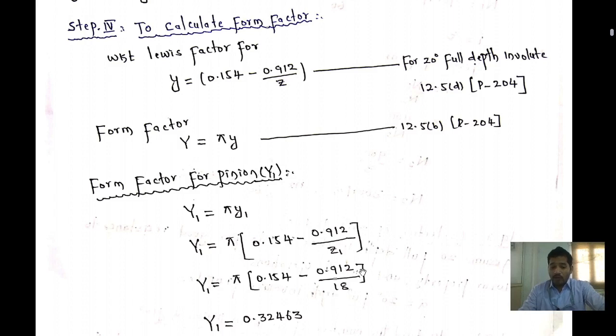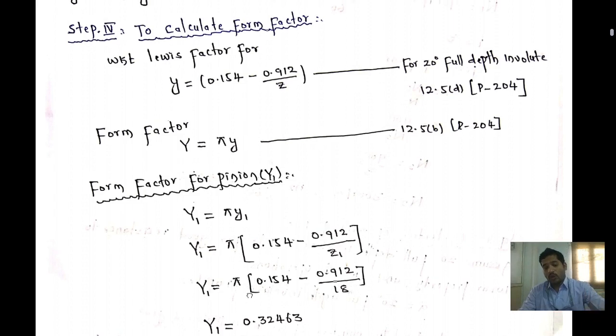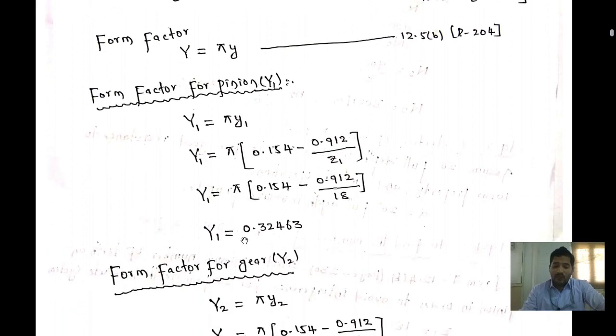After that, divide, subtract, and multiply with 3.142. Then you will get the value of Y1. The form factor value is 0.32463.